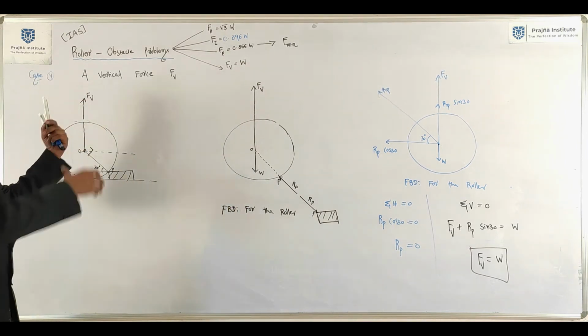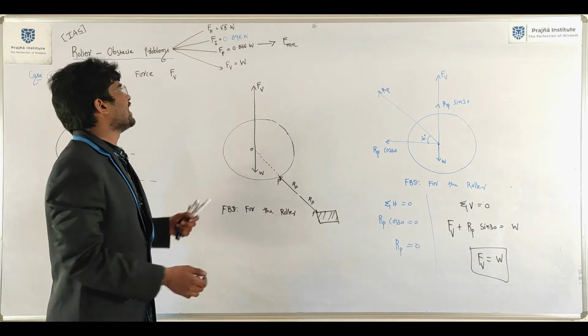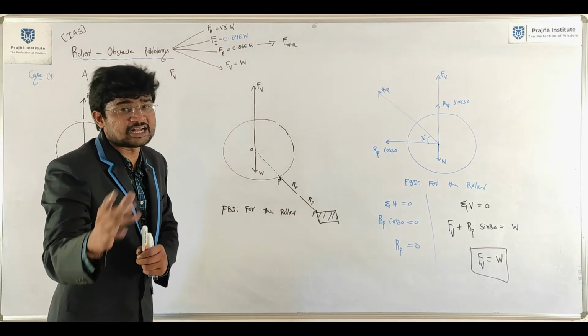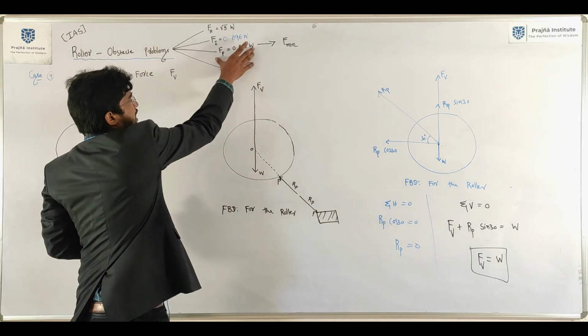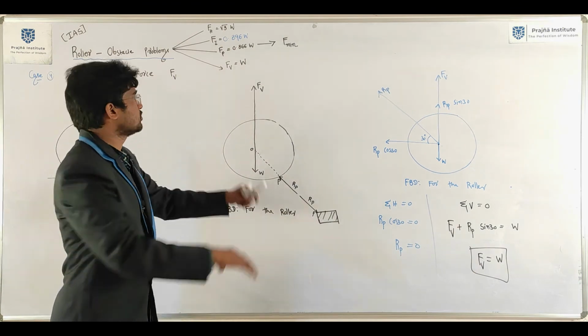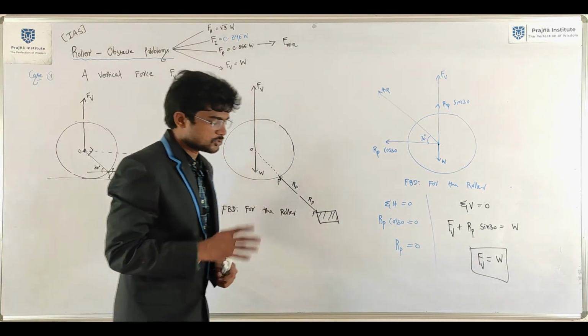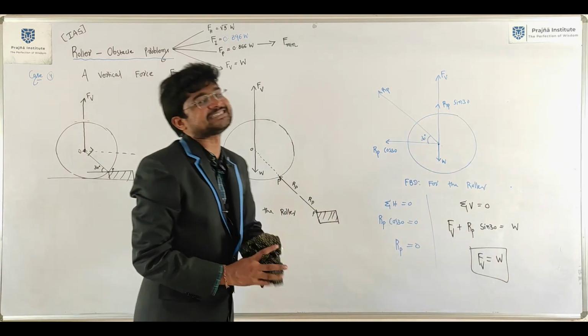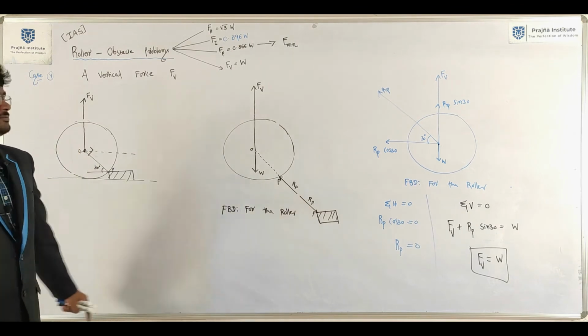So to solve that problem, we need to calculate force applied. What is the magnitude of horizontal force applied, magnitude of inclined force applied, magnitude of FP, and finally magnitude of vertical force applied to pull the roller. Okay. So single question but lot of good information regarding roller and obstacle.